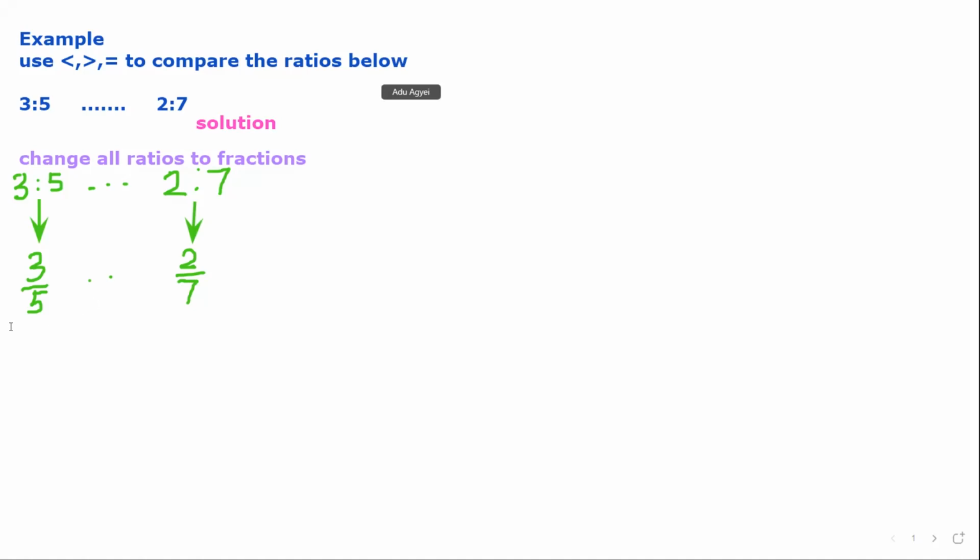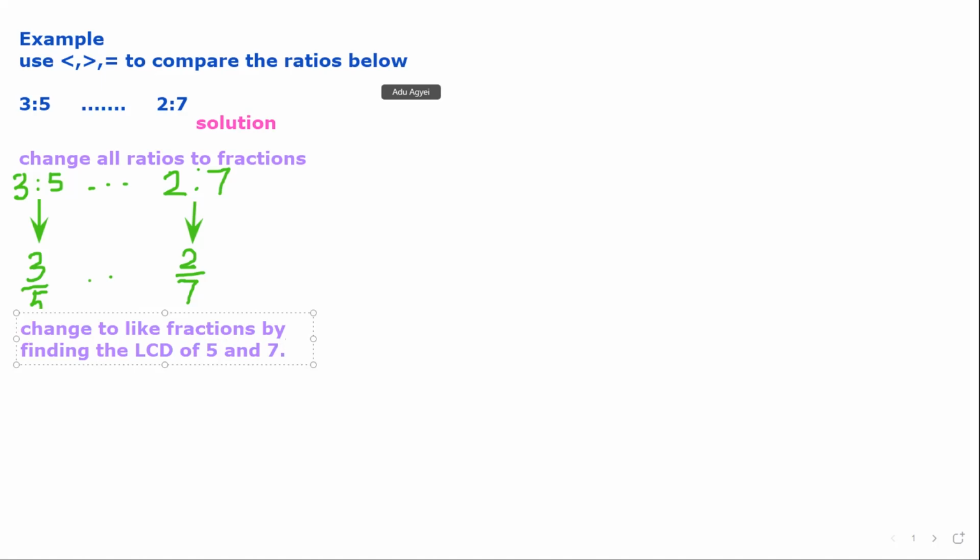So you change them to like fractions by finding the LCD of 5 and 7.